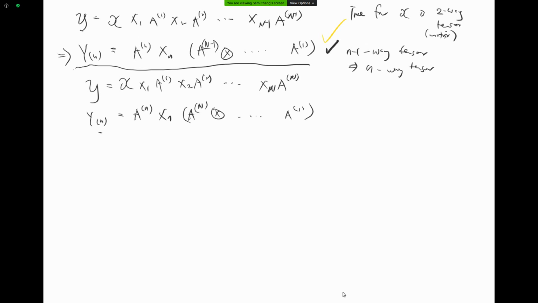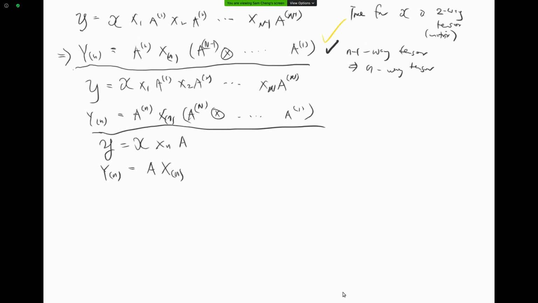Okay, I would also like to give a remark that we mentioned earlier: if Y is equal to tensor X with mode n product with some A here, then Y(n), the mode-n matricization, will be just equal to A times X(n), the mode-n matricization of X.